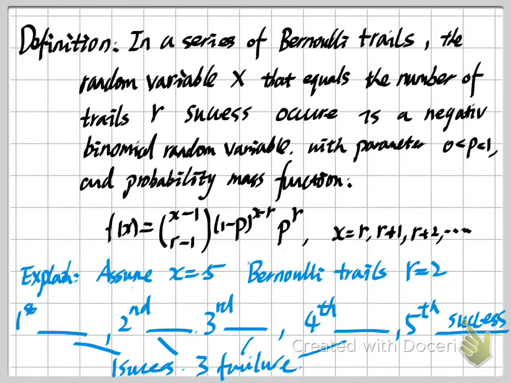Like if we are lucky enough, we can get a success on each of these tries. So in other words, x should be no smaller than r. So the possible values for x can be r, r plus 1, r plus 2, until some larger number. So this is our formula for the PMF.